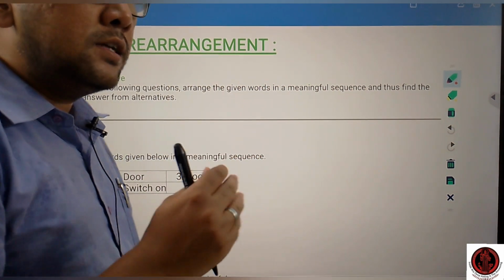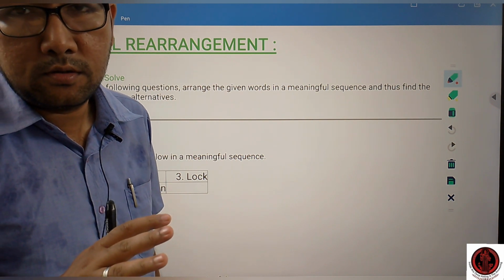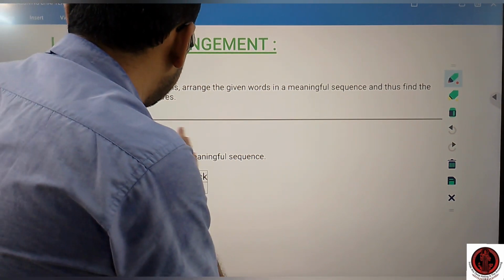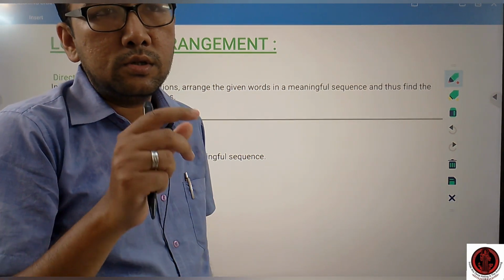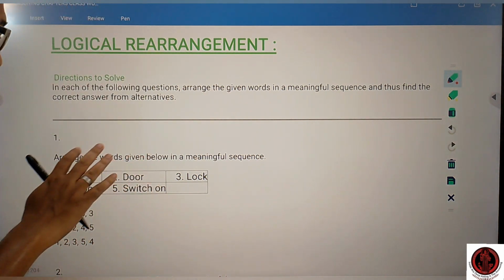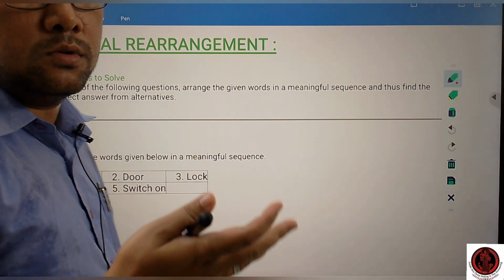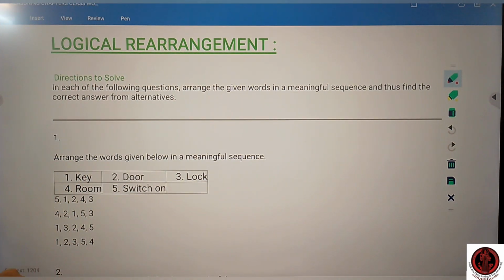You have to arrange the words in a meaningful sequence, a logical sequence, and answer from the given options.